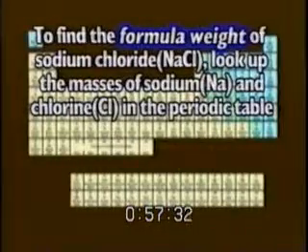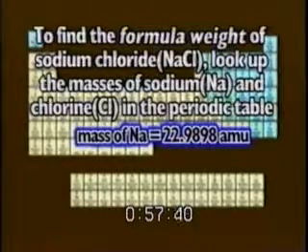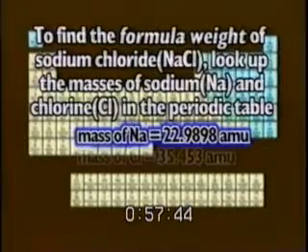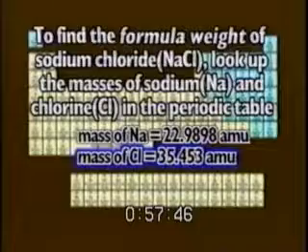So, to find the formula weight of sodium chloride, start by looking up the masses of sodium and chlorine in the periodic table. The mass of sodium is 22.9898 AMUs, and the mass of chlorine is 35.453 AMUs.